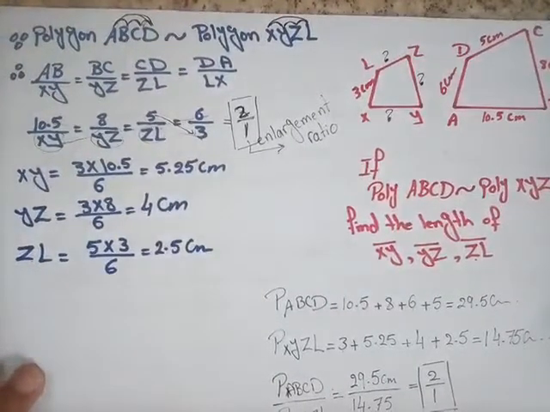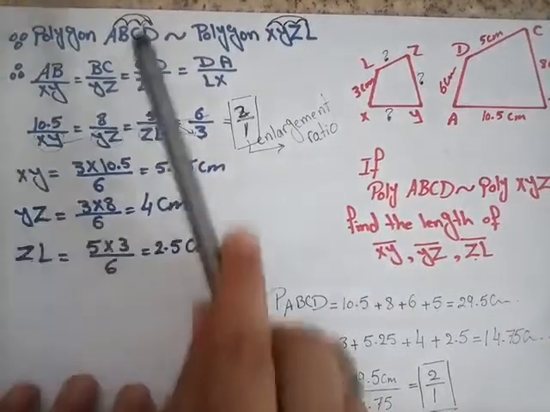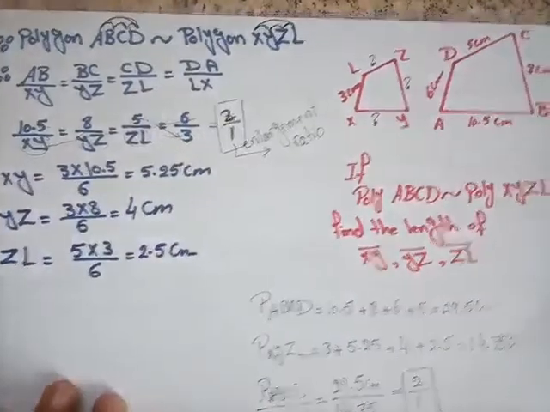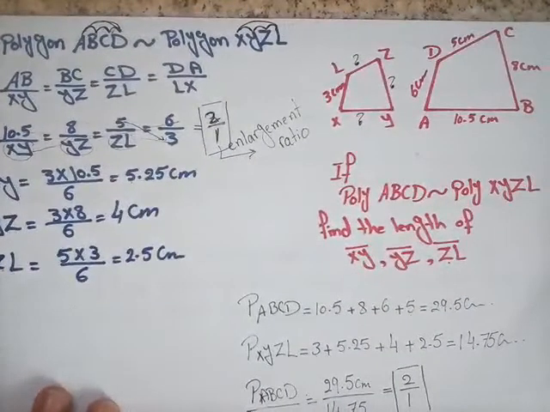From the similarity of polygons, if the two polygons are similar, then we can find two conditions: the corresponding angles are equal and the corresponding sides are proportional.